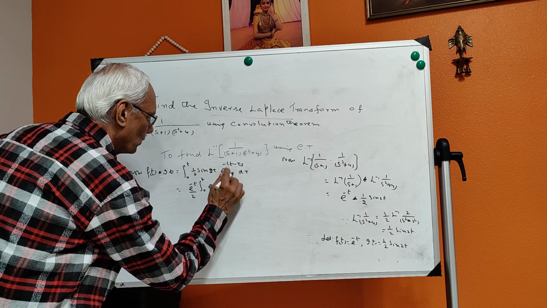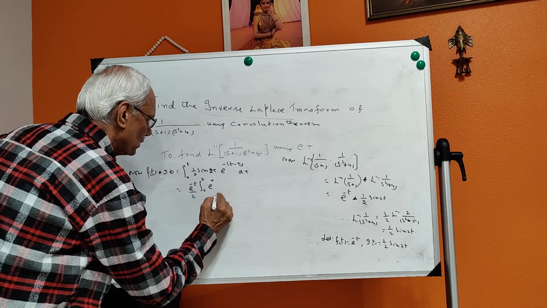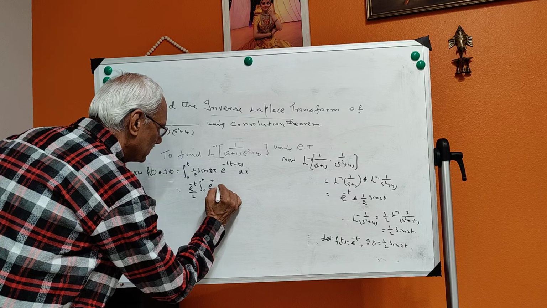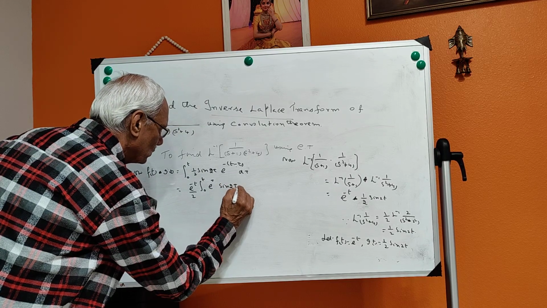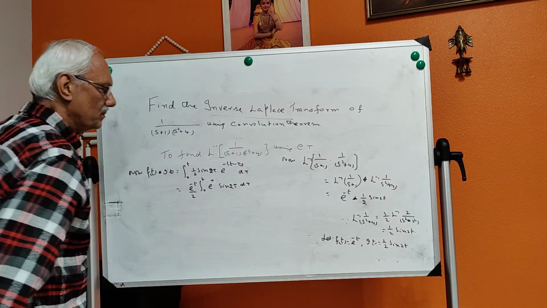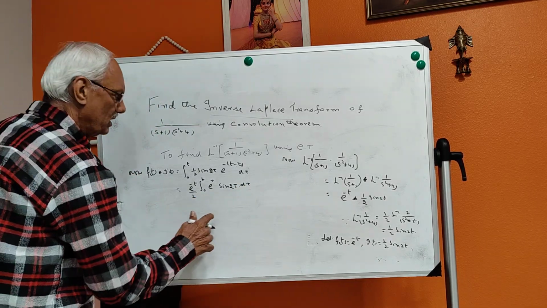It is e to the power of tau into sine 2 tau d tau. But this is a well-known integration.